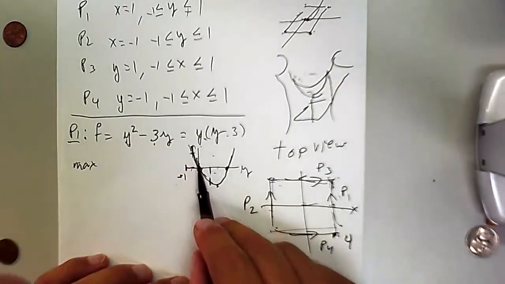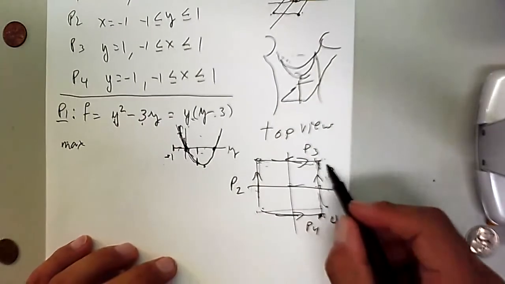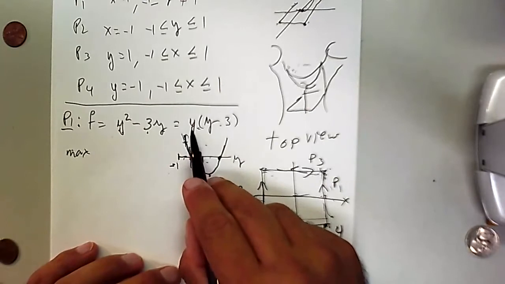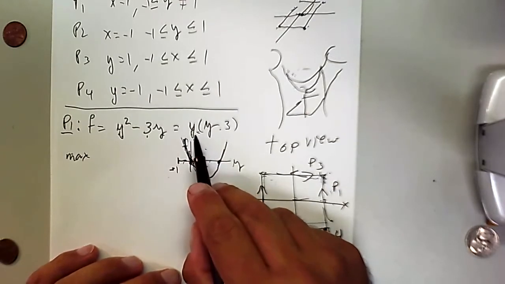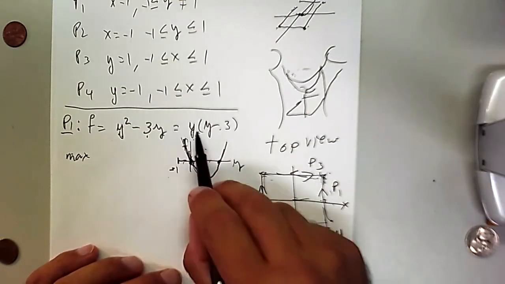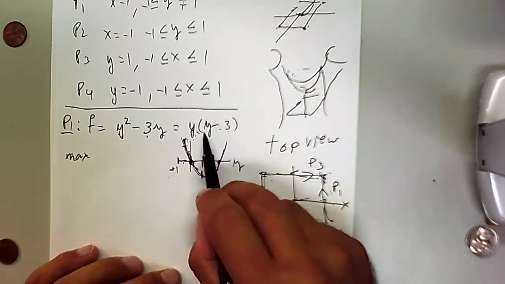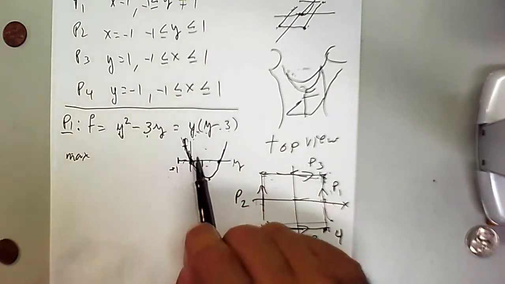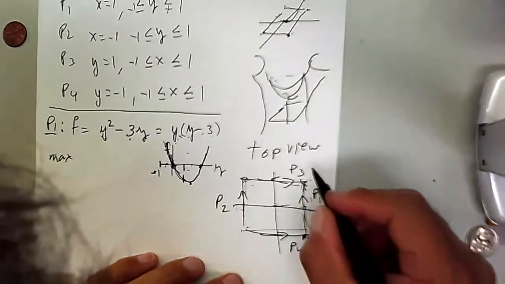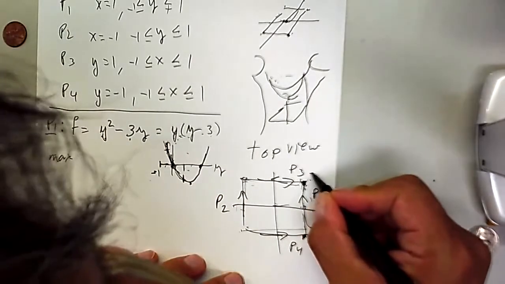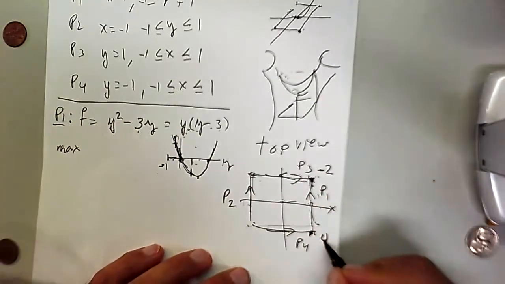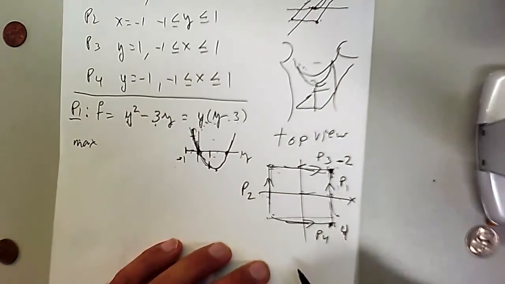And we're going to have a minimum when y is 1. So when y is 1, we're going to have 1 times 1 minus 3, which is negative 2. So we have negative 2 here. The output of the function is negative 2. The output of the function here is 4.